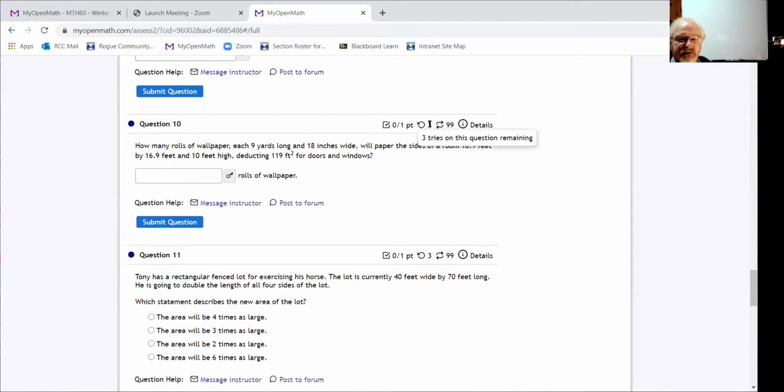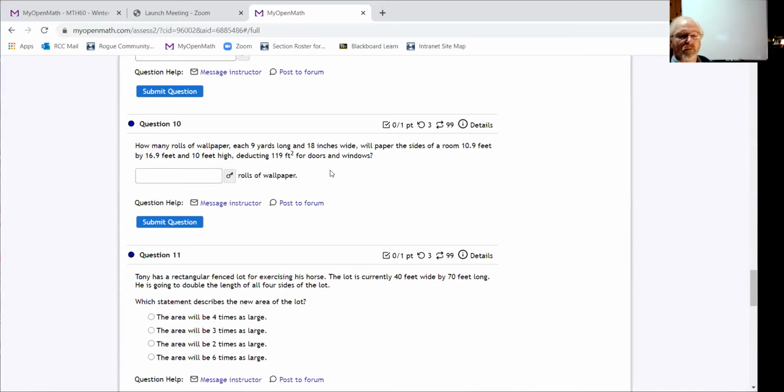And there's 2 of those, right? Then there's 16.9 times 10 would be the other side wall, and there's 2 of those to make the rectangle. So at least that's feet times feet, right? And you add all those together, right?